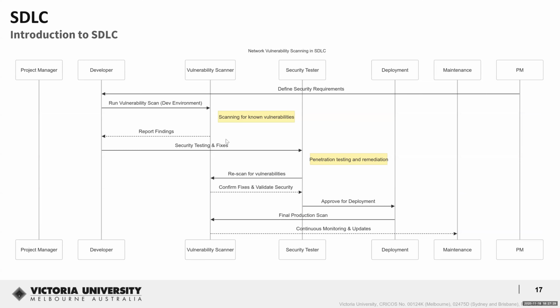In the next step, you can see that there is a project manager, there are developers, a vulnerability scanner, a security tester, deployment, and maintenance. You see that in big projects, there might be different groups working on the same task. Imagine it's an application, so that application has many sections. One group might be responsible for user input, for example setting up the database, creating the fields for username and password, and input validation.